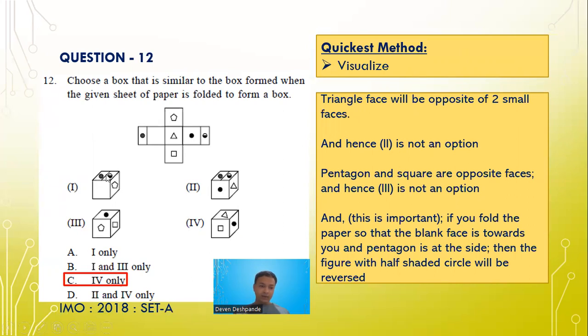When you fold the paper, the shaded portion will be here, and the unshaded portion will be towards the bottom. So even option 1 is not the correct option. If your blank is facing you, then the shaded side will be on the top, and the unshaded side at the bottom. So even 1 is not the correct option. The only option which is correct is option number 4.